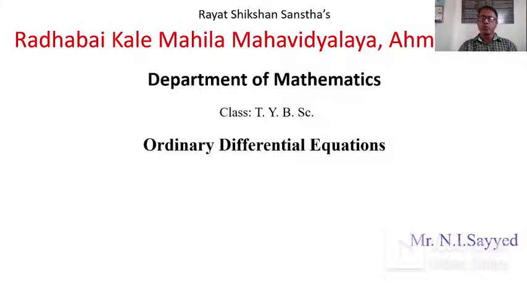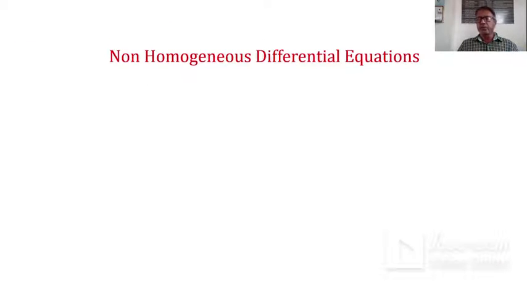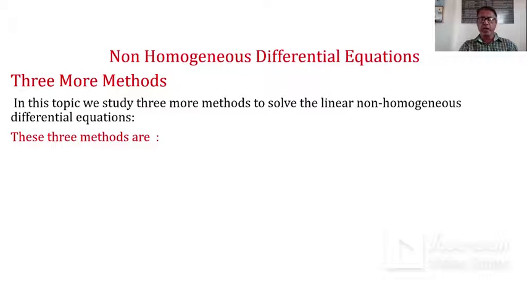Now we want to go to the next chapter, non-homogeneous differential equations. And in this chapter, we want to see three more methods to find the solution of non-homogeneous linear differential equation. These three methods are: the first method is the method of undetermined coefficients.